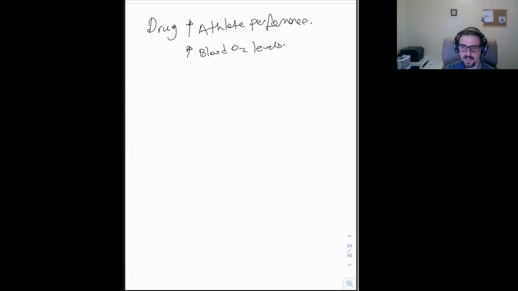So our H0 automatically is going to say that there's no increase, so group B is either smaller than or equal to group A. That means there's no effect of the drug. And then our alternate hypothesis will say group B is going to be bigger than group A, which means increased performance.